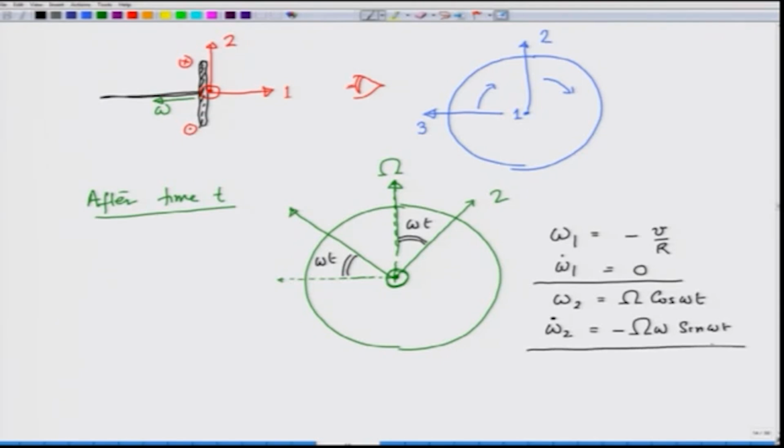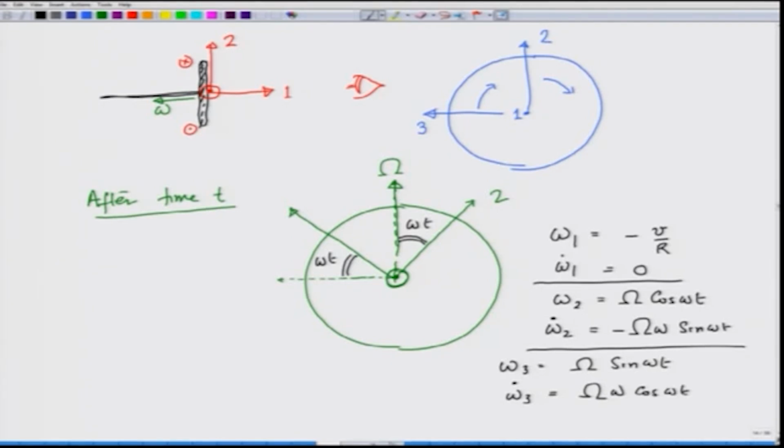And similarly, omega 3 is going to be capital omega sine of small omega t, and omega 3 dot is going to be capital omega small omega cosine of omega t.